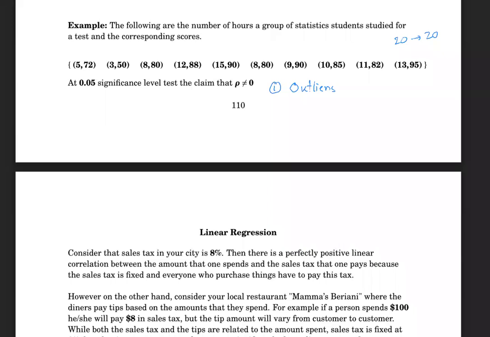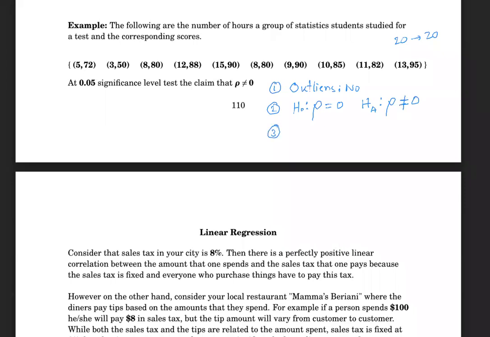Probably no, right? So outliers, no. Number 2, your null hypothesis is rho is equal to 0. That means there is no linear correlation, versus there is linear correlation, which is rho is not equal to 0.